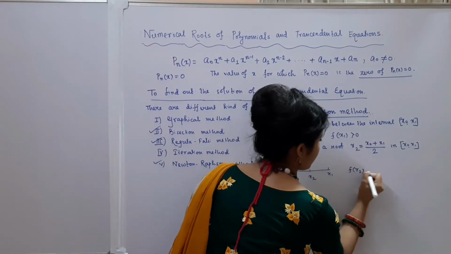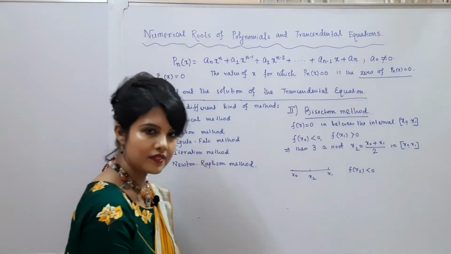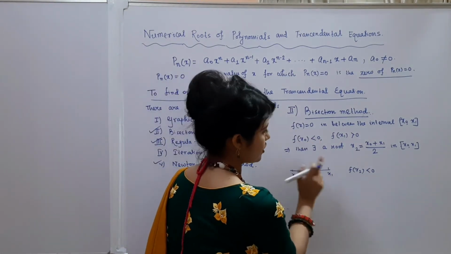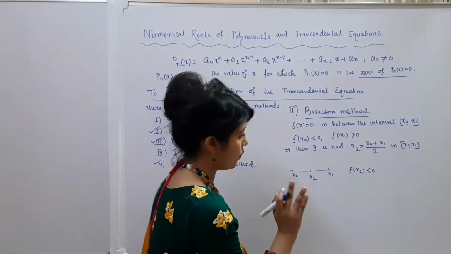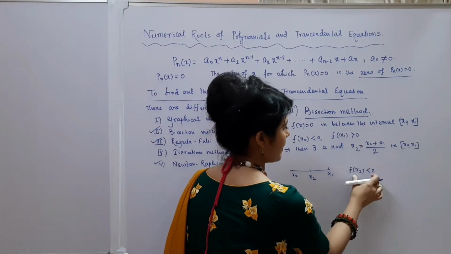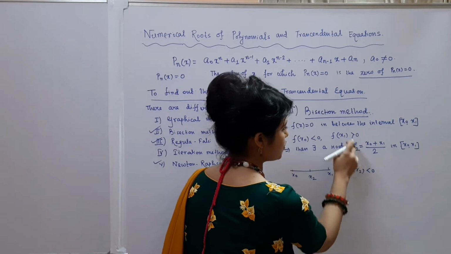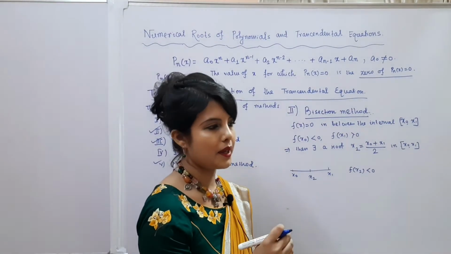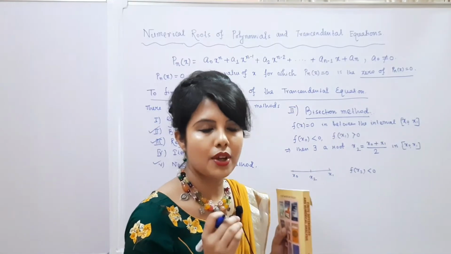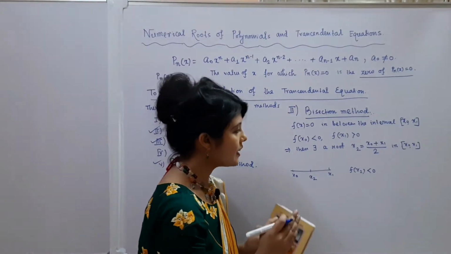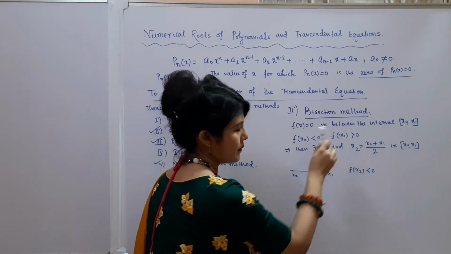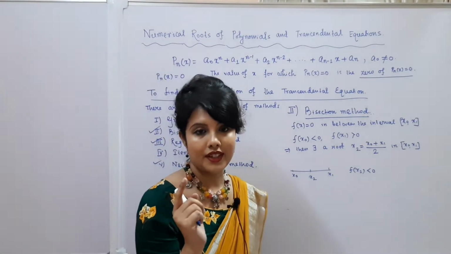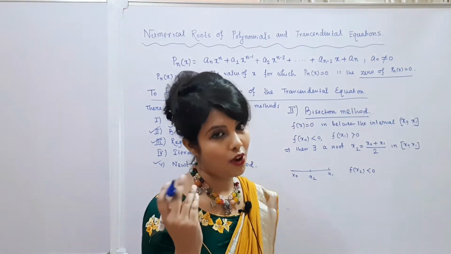Now if f(x2) is less than 0, then f(x0) is also less than 0 and f(x2) is less than 0? No. You have to take the portion where they are of opposite sign. So the essence is that the existence of the root lies in the condition that at the corner points of the interval, the function should be of opposite sign.